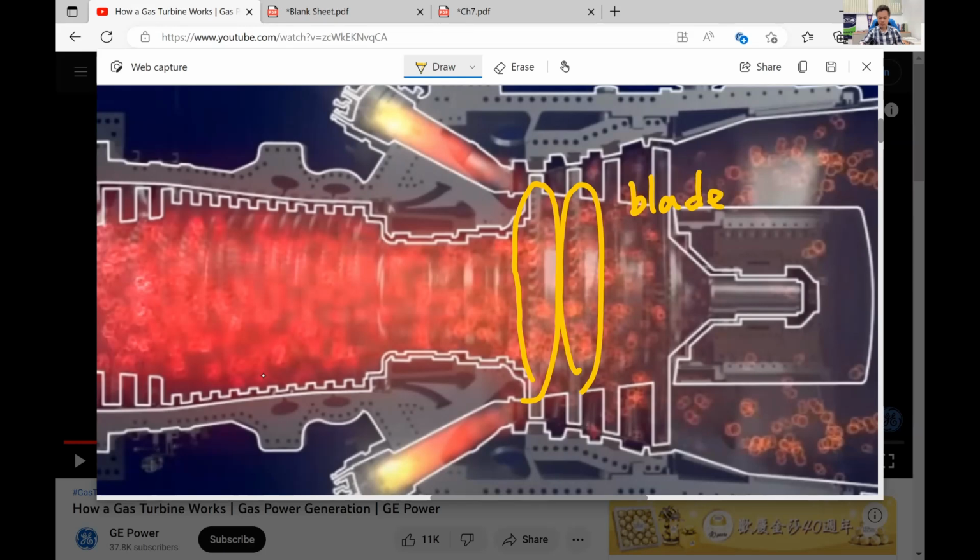So we know the turbine blade is made of some kind of metal or metal alloy. Okay, so the maximum temperature is limited by the temperature that does not melt this turbine blade.